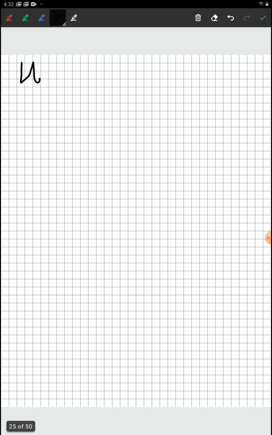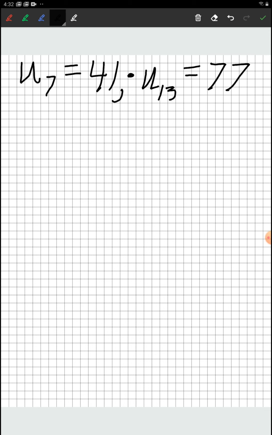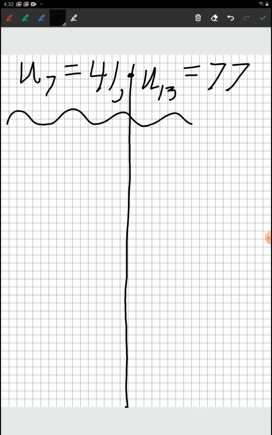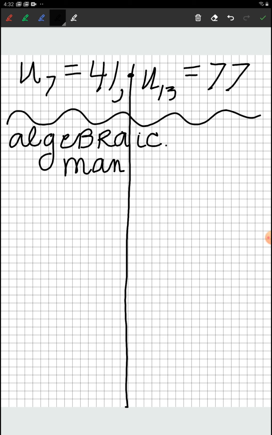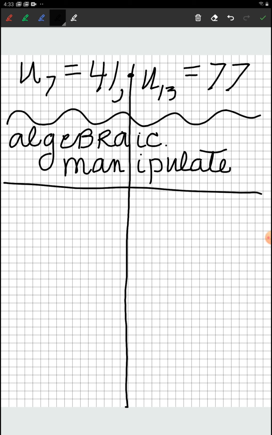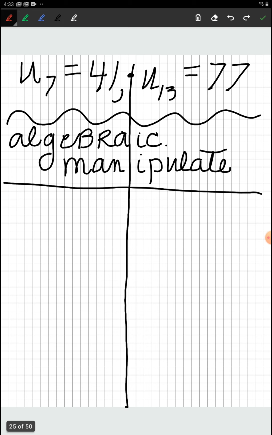Okay, so U sub 7, the 7th term, what did they say, 41, and then the 13th term was 77. So we're going to rewrite these two pieces of information into something a little more algebraic, because we want to manipulate. That's the goal.